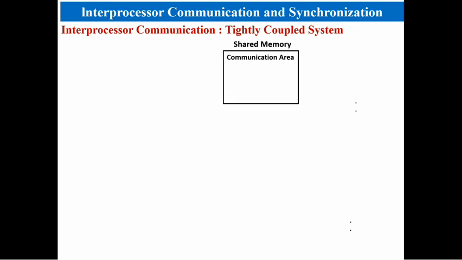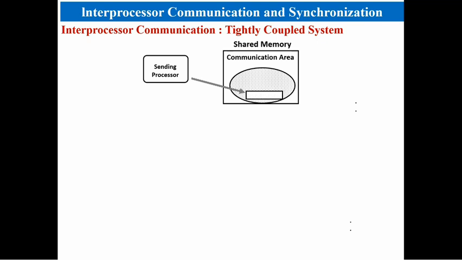Here we have a shared memory, that is a communication area, and this is a sending processor. The sending processor has to send a message to another processor, and that will be placed into the shared memory. That message is placed into the shared memory, and it also has to mark the message status bits, and give information about which processors the message is intended for.